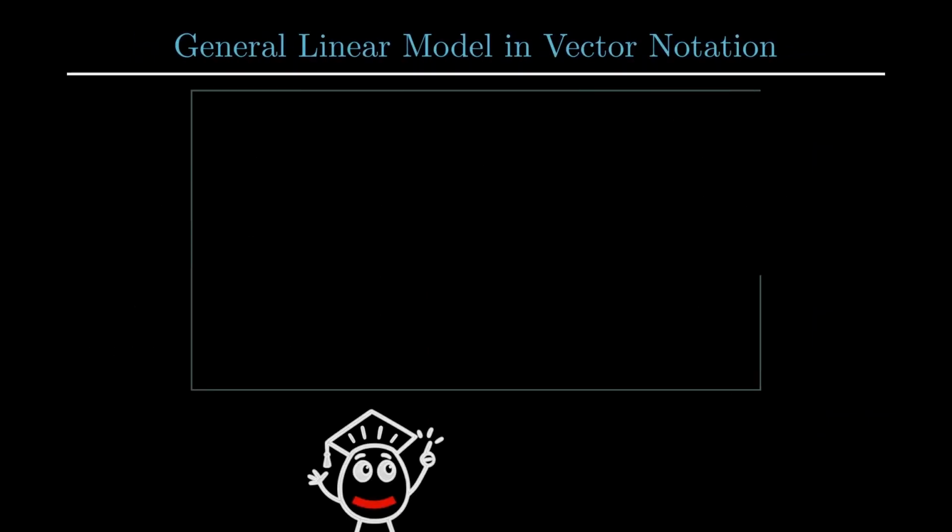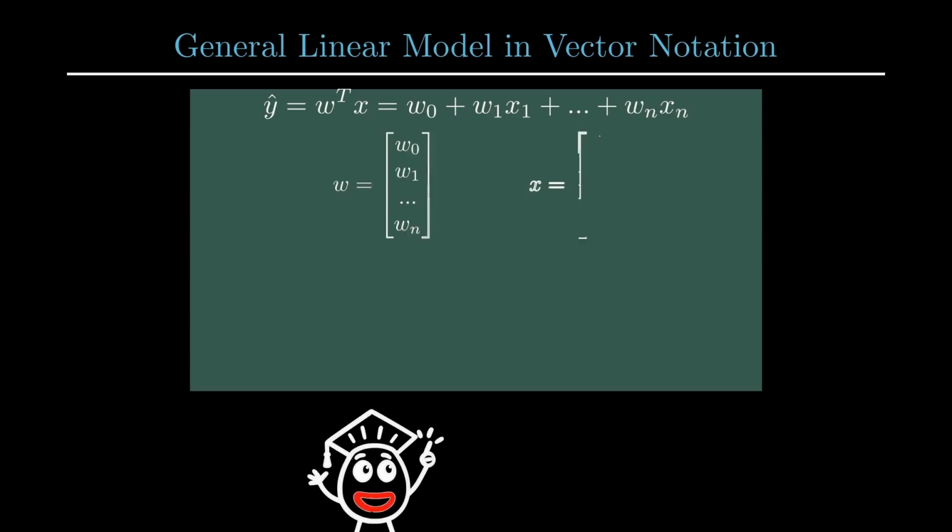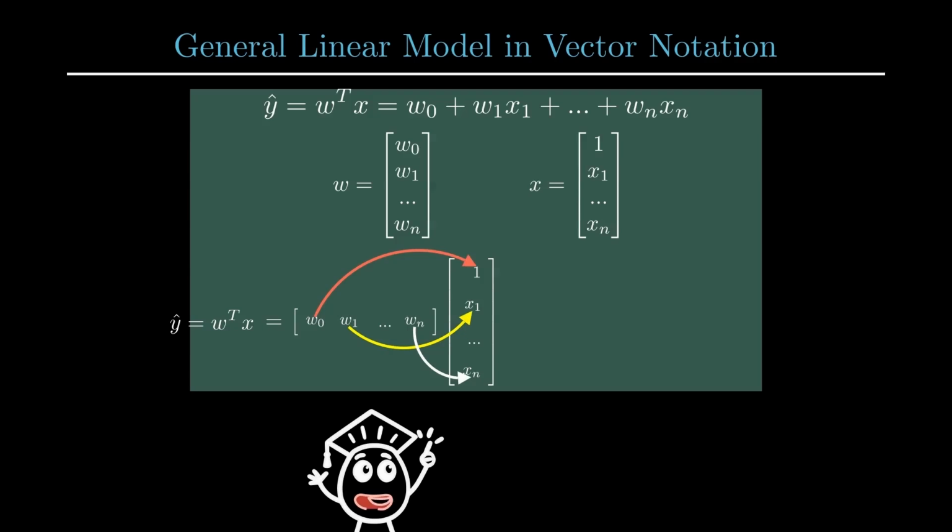No matter how many features we have, we can still express the prediction as y hat equals w transpose x. If we expand the dot product, it's just w0 plus w1 x1 plus w2 x2 plus ... plus wn xn.